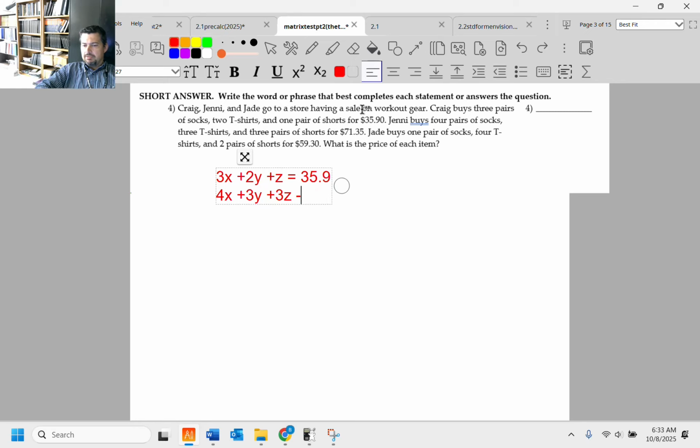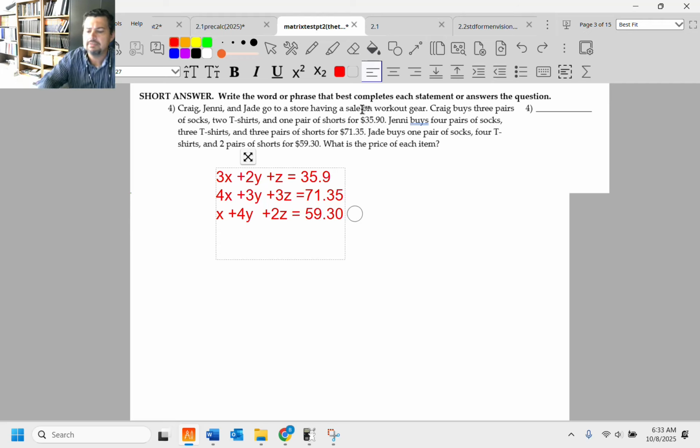It's actually pretty cheap clothing. Jade buys 1 pair of socks, so 1x, 4 shirts, so 4y, and 2 pairs of shorts, 2z, for $59.30. There's your system of equations, right?